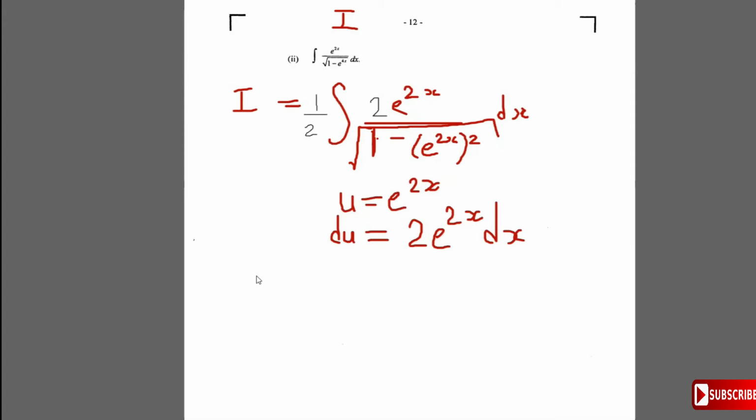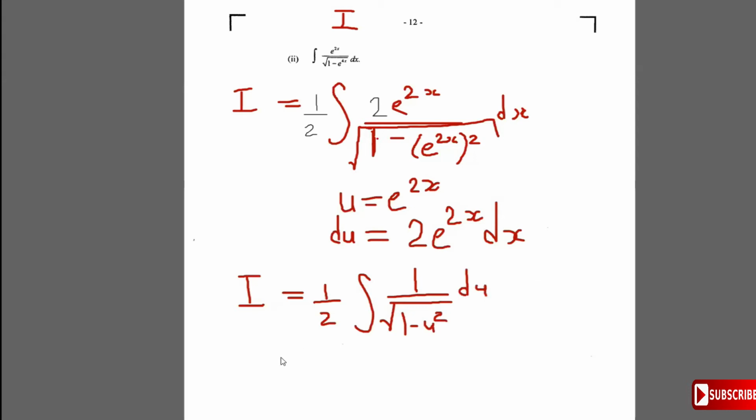Now that I do that, I can rewrite that I is equal to a half the integral of, 2e to the 2x dx is now du, so it becomes the integral of 1 over the square root of, this part now becomes u, so it's 1 minus u squared, du.